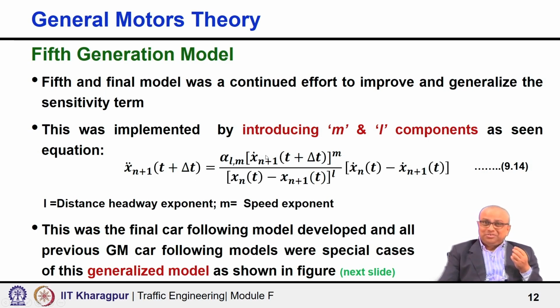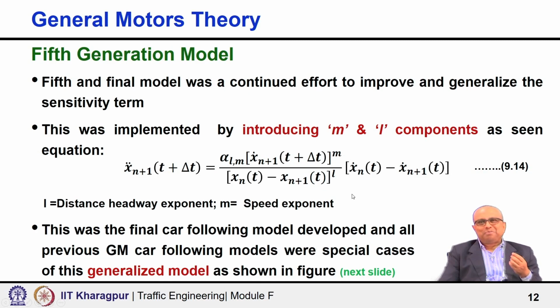The speed of the following vehicle to the power m. What we considered earlier in the fourth generation model was m equal to 1. Now we make it a generalized term, to the power m, divided by x n at time t minus x n plus 1 at time t, to the power L. What was considered in the fourth generation model?